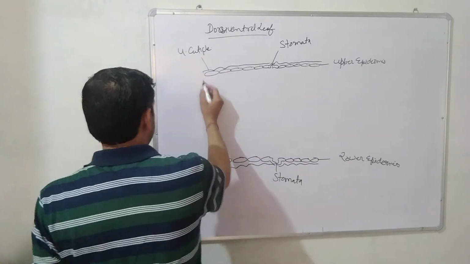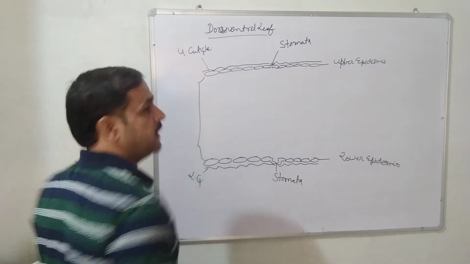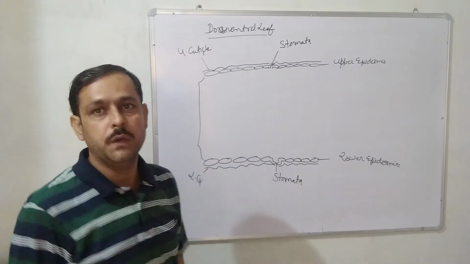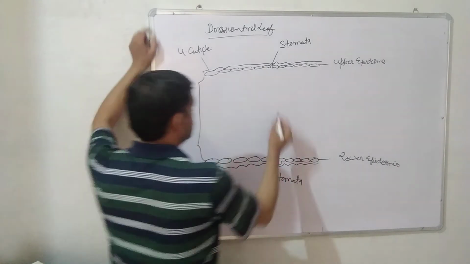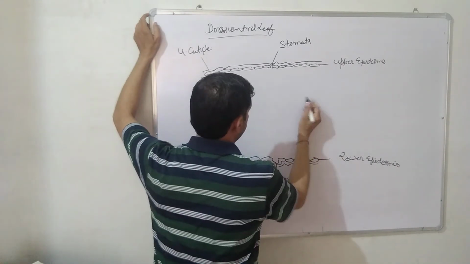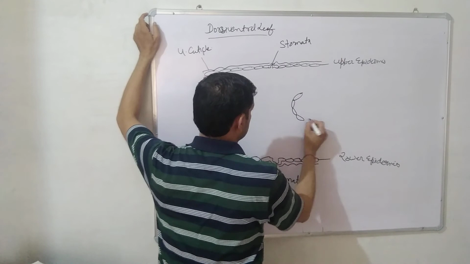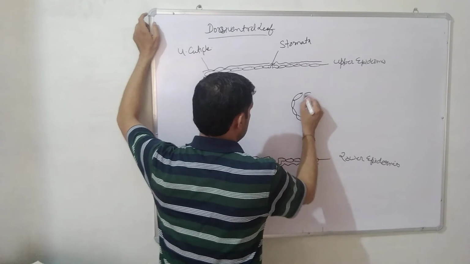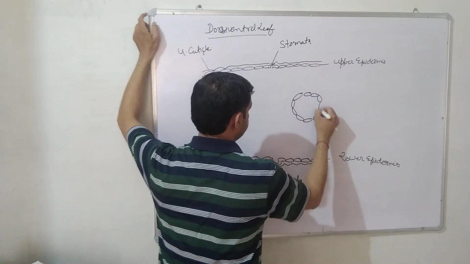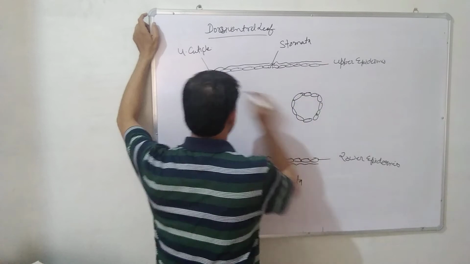And the part between these two epidermis is called mesophyll tissue, and this mesophyll tissue can be divided into two parts, which are called palisade tissue and spongy tissue.